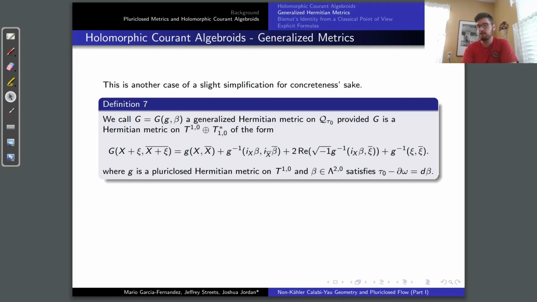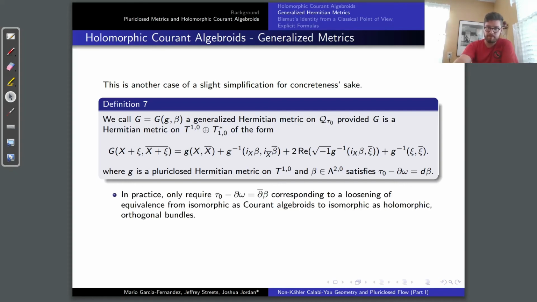Now, the thing that's especially relevant to keep in mind is that there is an integrability condition here. We need tau naught minus del omega to be d beta, right? So this is kind of saying that the tau naught and the 2i del omega Courant algebroids are related by a beta transformation.